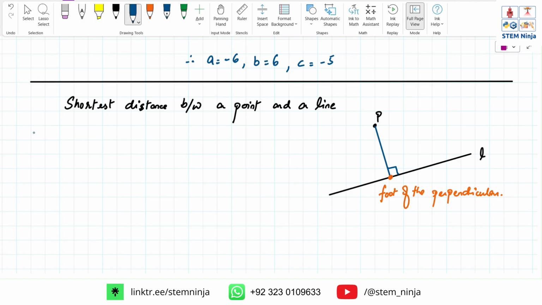Now, the points to note over here: we have figured out what the shortest distance is and how to figure it out, but we need to do the math also a little bit.